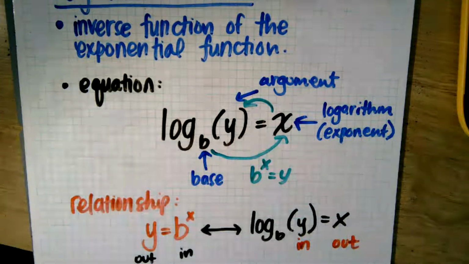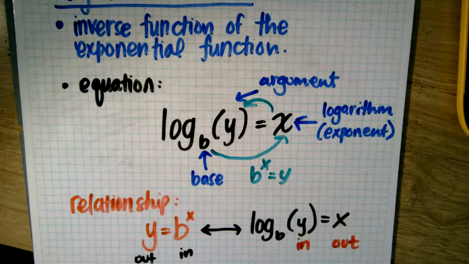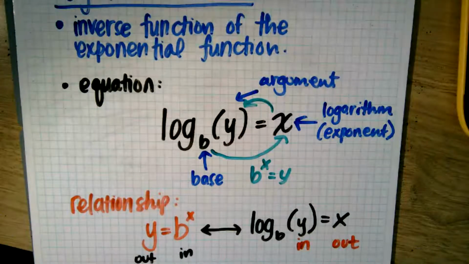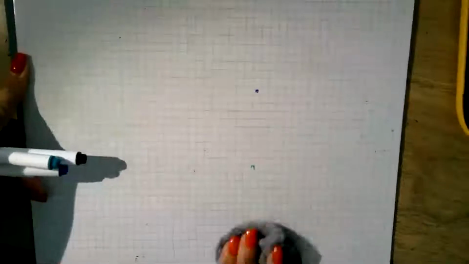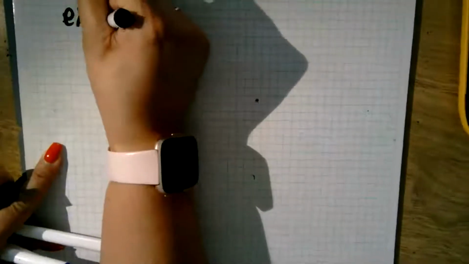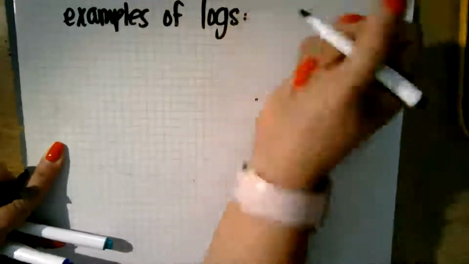So let's go ahead and look at a simple example, that way we can see how we can read logs. I'm going to do some simple examples of logs that we can look at, okay?